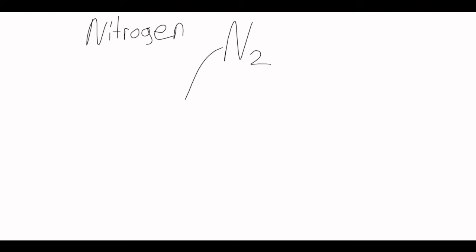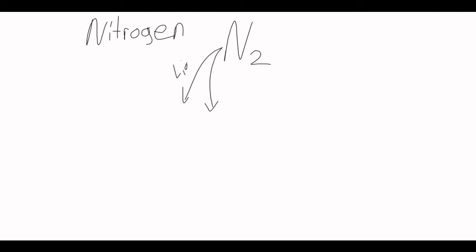Alright, so we talked about a couple of different cycles. One of the most likely to be on your test and on your EOG is the nitrogen cycle. Remember, nitrogen in the atmosphere is in the form of N2, one nitrogen bonded to another nitrogen. Plants can't use that. So there's two paths that it can go through.